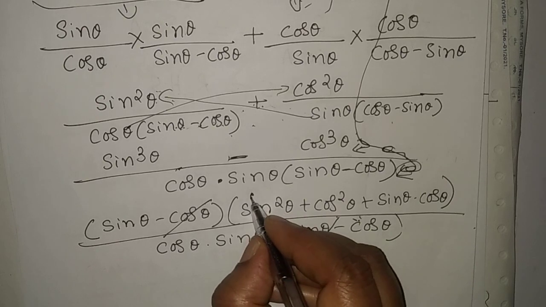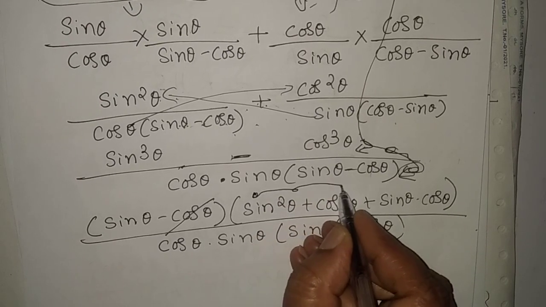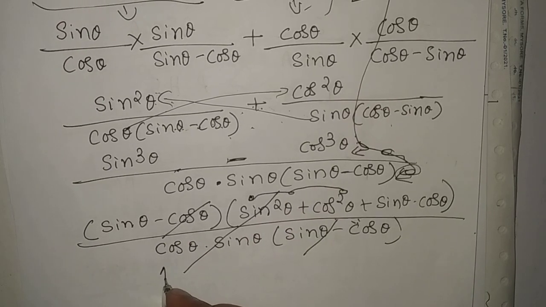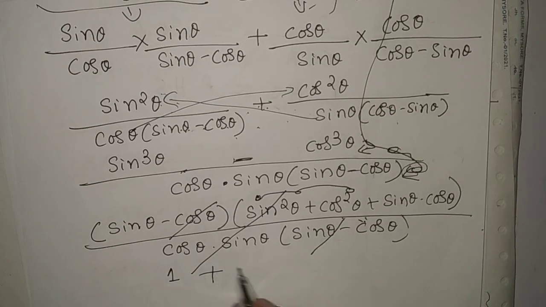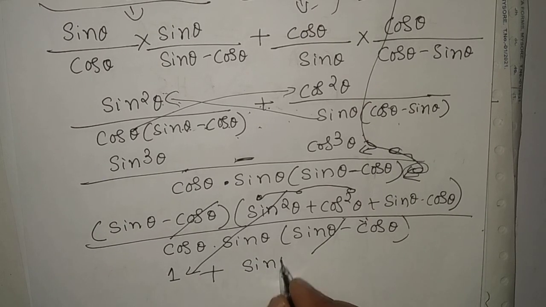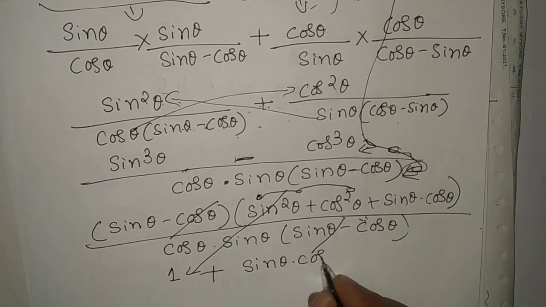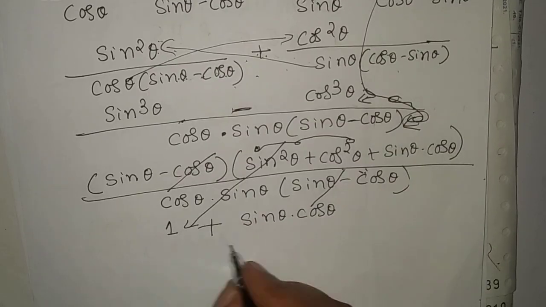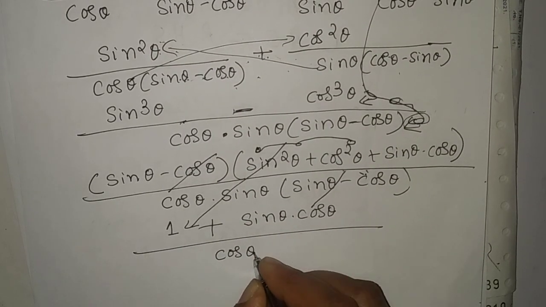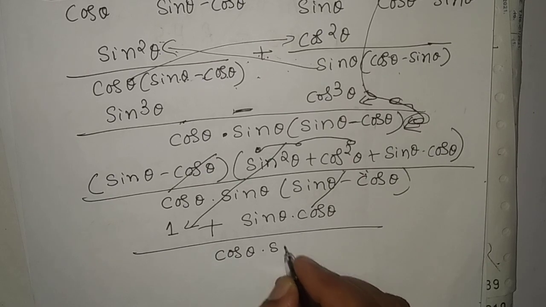And remaining also sin square theta plus cos square theta is equal to 1. So replace this by 1. So remaining 1 plus then sin theta into cos theta we get. So write down the remaining cos theta into sin theta.